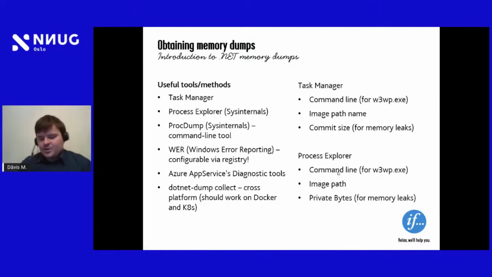Also, regarding taking memory dumps, if you're troubleshooting something like a memory leak, then you will be interested in stressing the memory quite high. You will want the leaked memory to be, let's say, 90% of the application's memory, for the simple reason that the more memory is consumed, the more visible and obvious the memory leak will be.